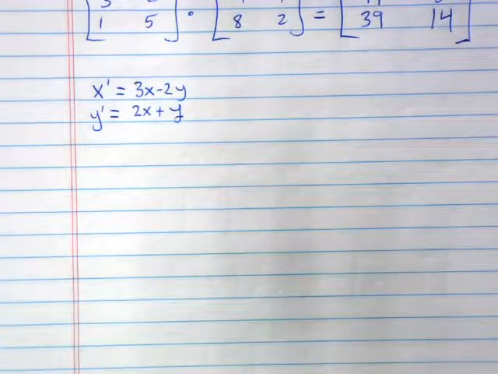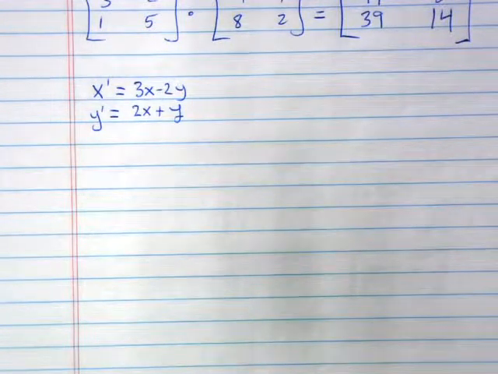What we have is a system of equations. We have two equations with two variables. What we're going to do is rewrite that as a single matrix equation.